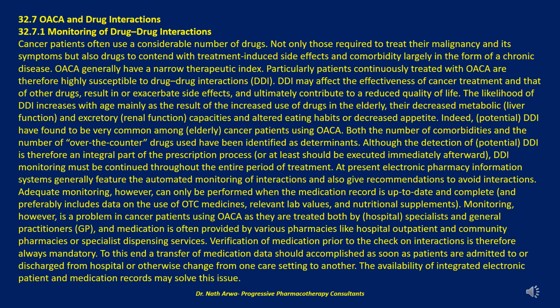At present, electronic pharmacy information systems generally feature the automated monitoring of interactions and also give recommendations to avoid interactions. Adequate monitoring, however, can only be performed when the medication record is up to date and complete, and preferably includes data on the use of OTC medicines, relevant lab values, and nutritional supplements.